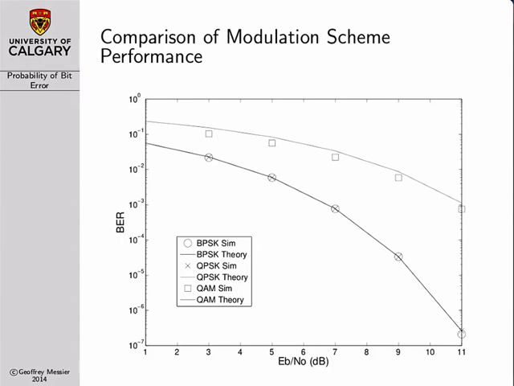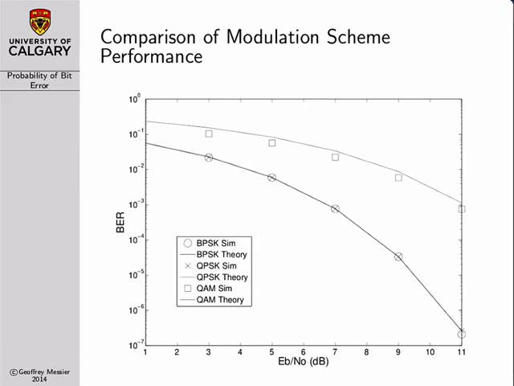Okay, this final slide shows a plot of the probability of error, or the bit error rate, versus EB over N naught for BPSK, QPSK, and 16 QAM, both for the analytical expressions, the theoretical expressions that we derived in this module, as well as a MATLAB simulation that I did for the actual signal constellations.